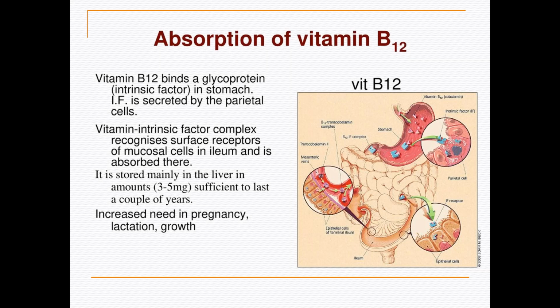For absorption, vitamin B12 binds to a glycoprotein called intrinsic factor in the stomach, which is secreted by the parietal cells of the stomach. The vitamin and intrinsic factor complex recognizes surface receptors of mucosal cells in the ileum and is absorbed there. It is stored mainly in the liver, in an amount of 3 to 5 milligrams, sufficient to last a couple of years. The need for vitamin B12 is increased in pregnancy, lactation, and growth.